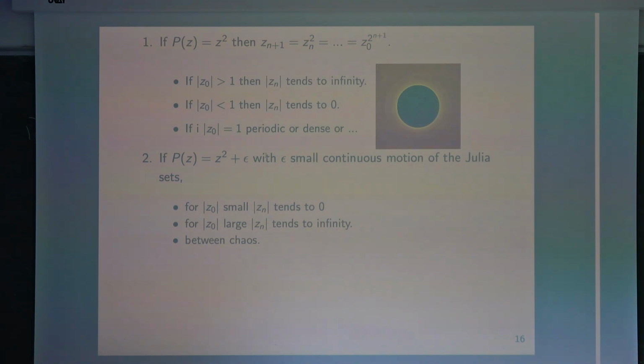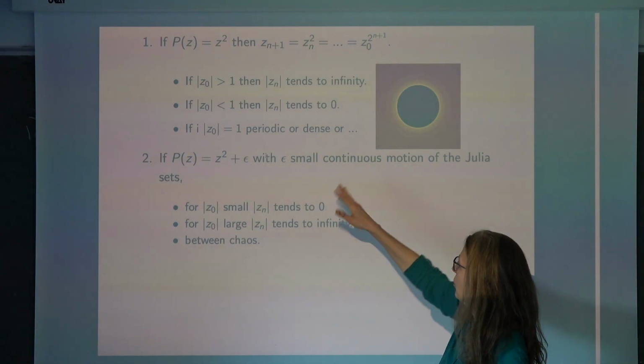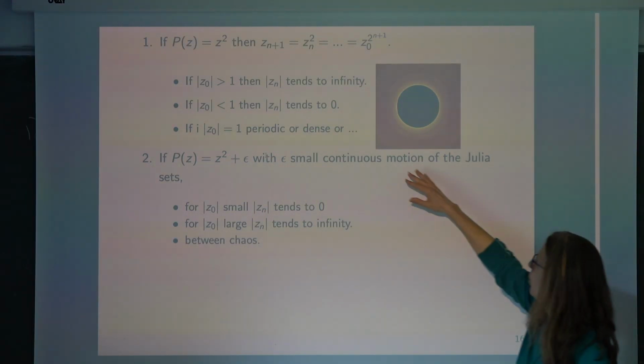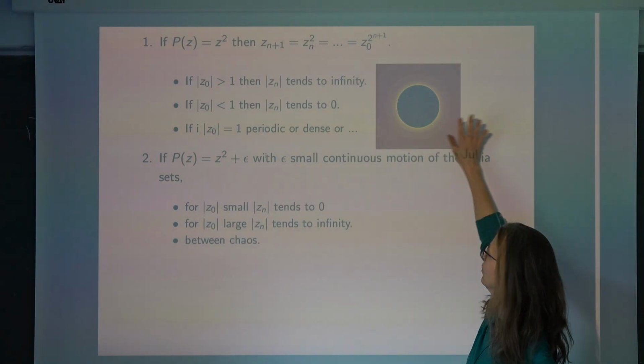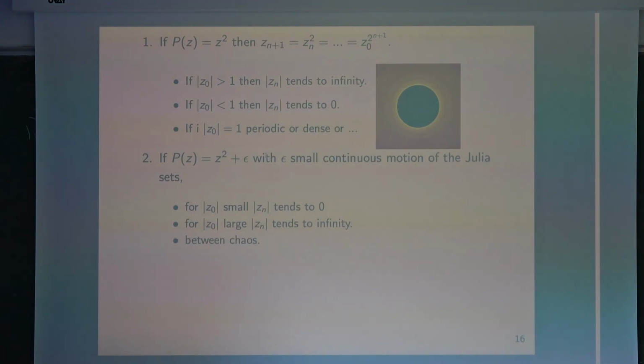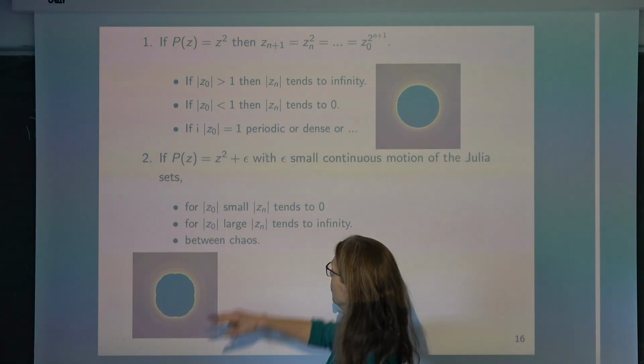Then you take a small epsilon, and you make it vary continuously from 0. You will get a continuous motion of this picture, the Julia set. I will define what the Julia set is. So this is a c, which is an epsilon very close to 0.